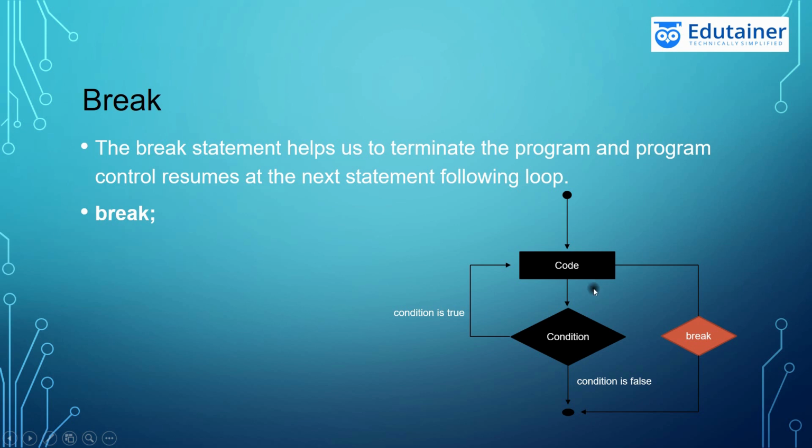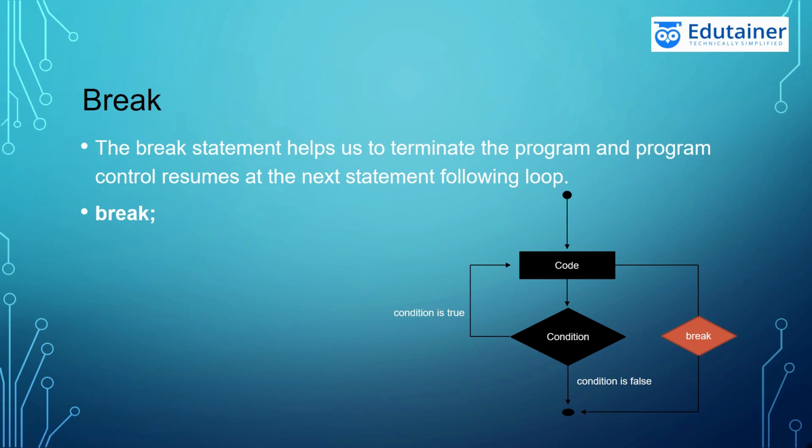So at 15 you write a condition and a break keyword. When the code comes to know about the break keyword, it directly jumps out of the loop. So it will stop at 15 only. This is how the break statement works.